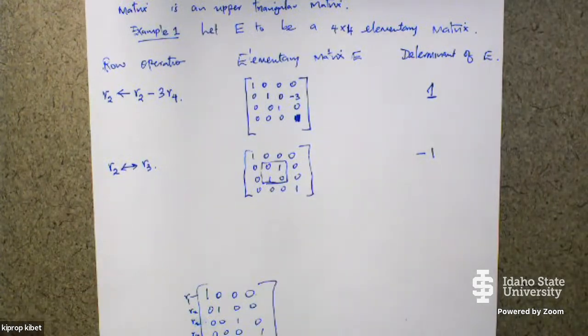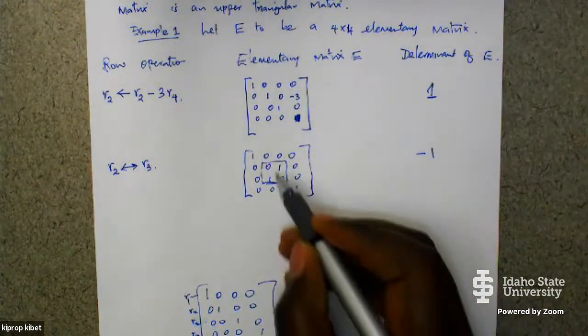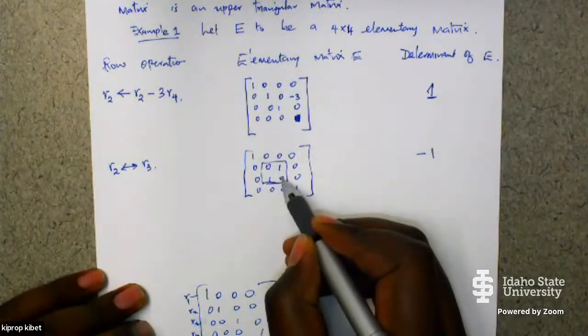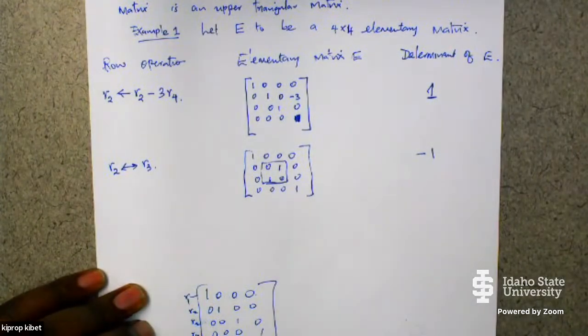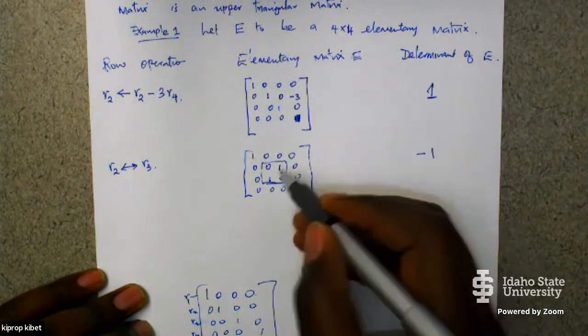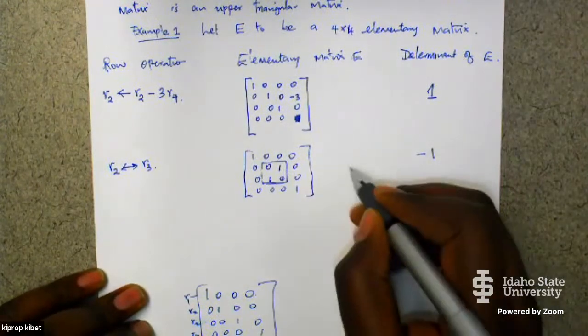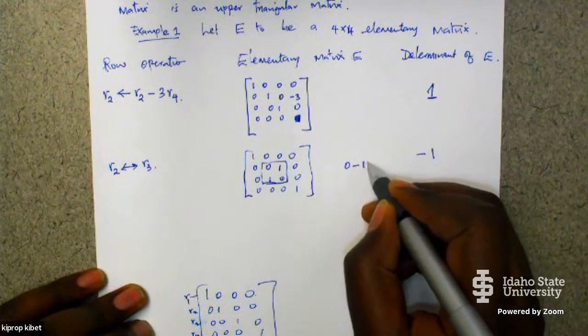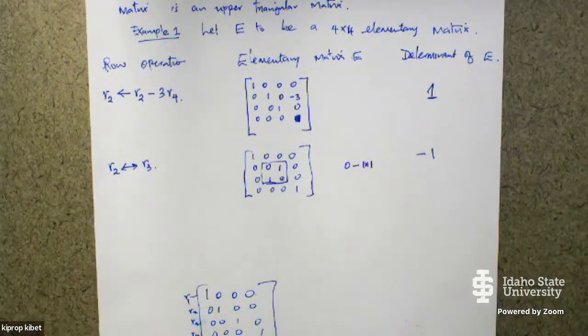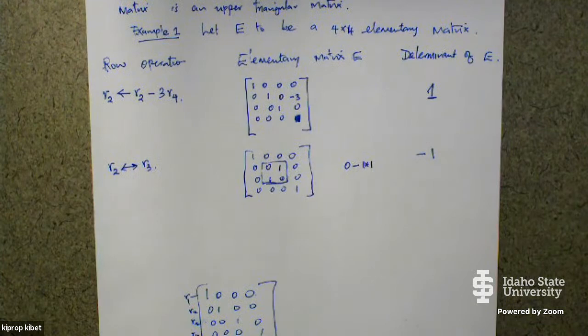No, this is 0. So 1 multiplied by 1 is 1, and 0 minus 1 multiplied by 1 is minus 1.